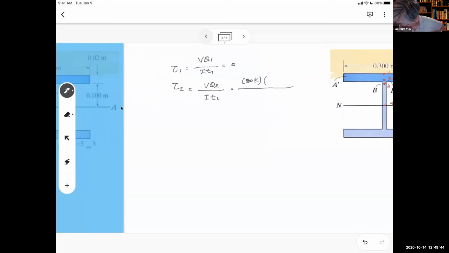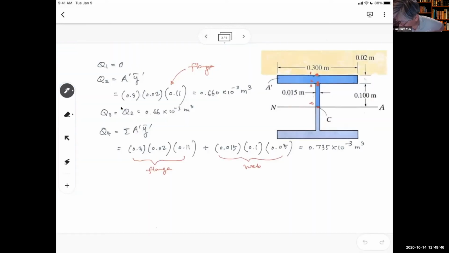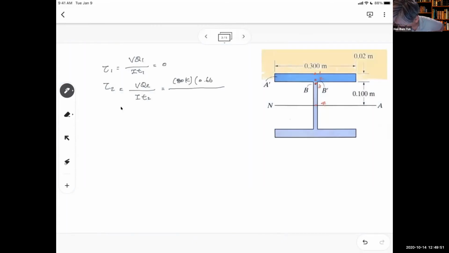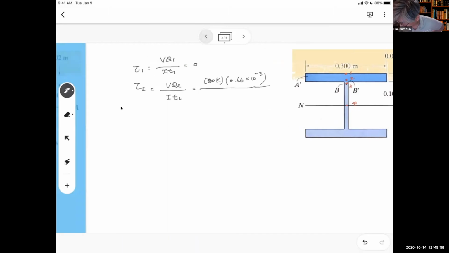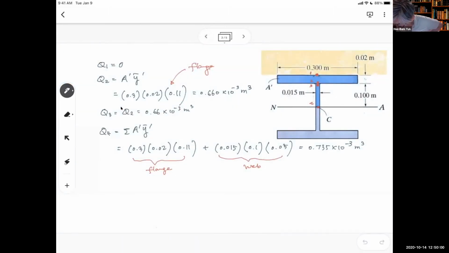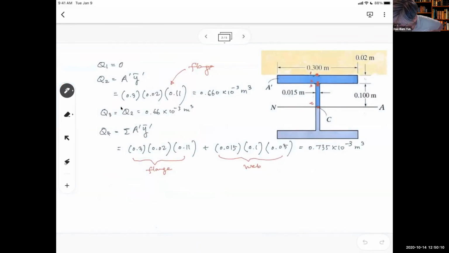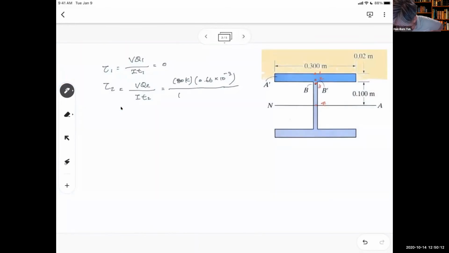Q2 was 0.66 10 to the minus 3. I was 155.6 10 to the minus 6.